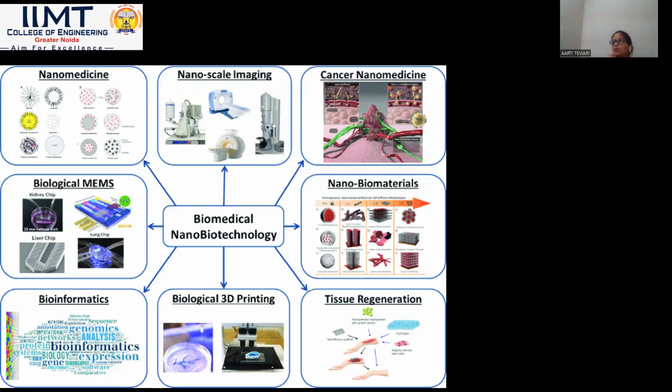So you can see how small that is. Then we discussed what properties change when I take my material from bulk to nanoscale. So we see that the electrical properties change, the optical properties change, the magnetic properties change, wettability changes, and the melting point.